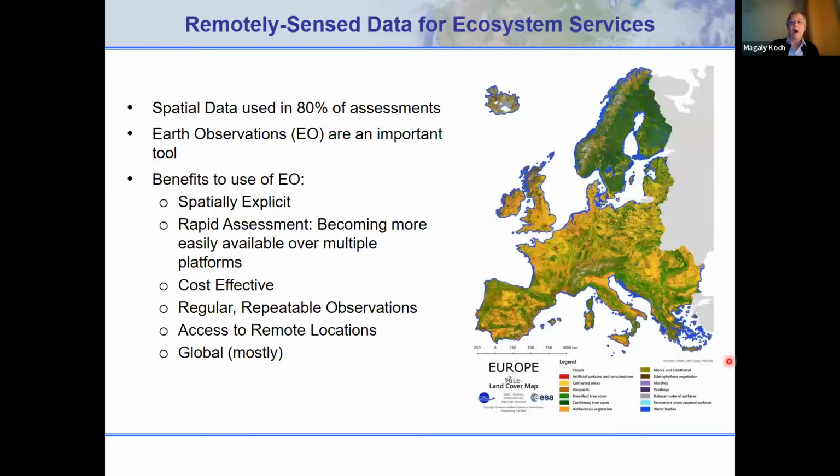Okay, good. All right. So this brings me to this next broad category, ecosystem services.